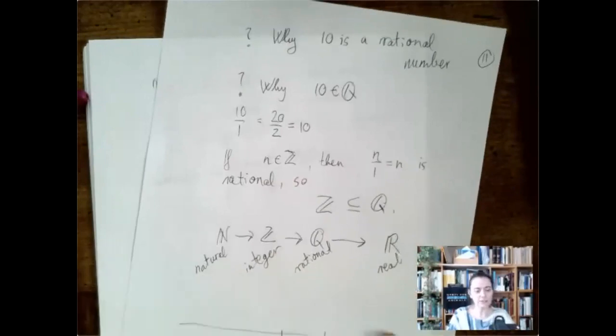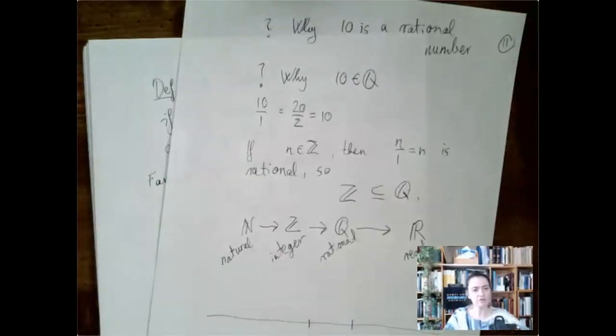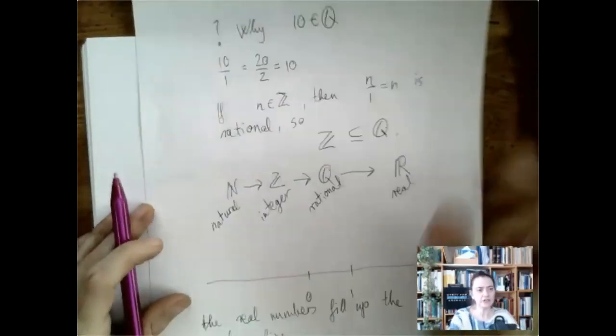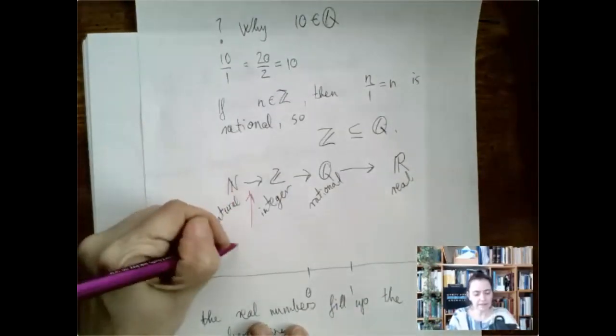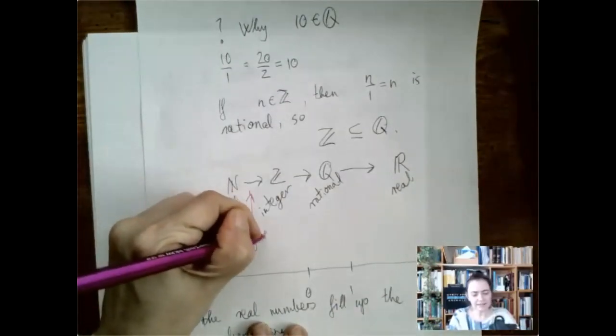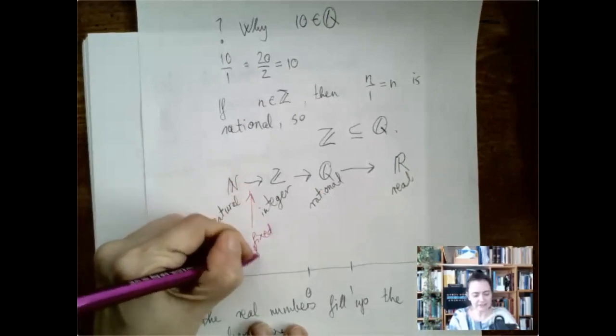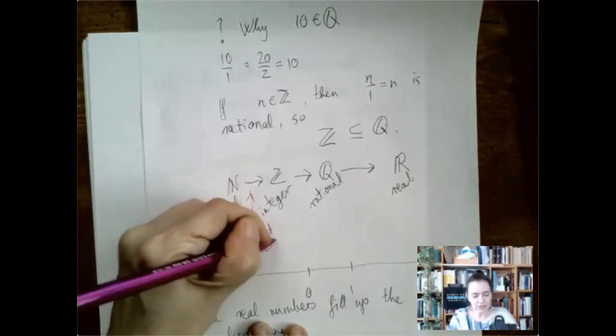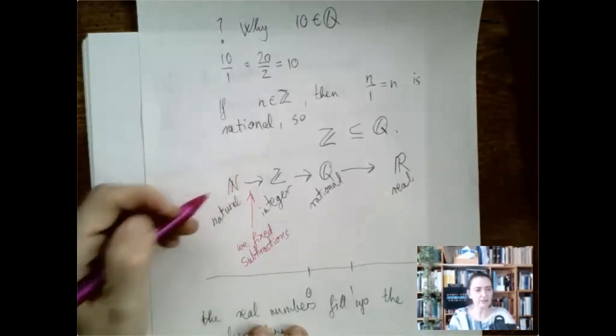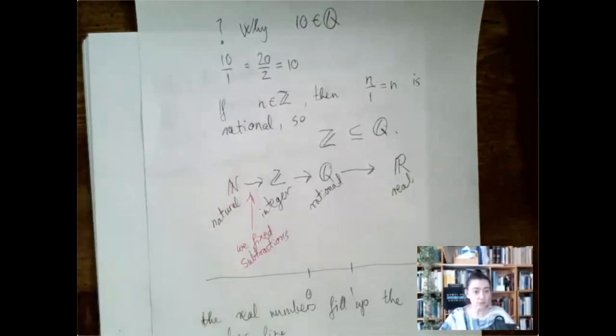And that's a good question, because these reasons were sort of reasonable and algebraic. Here, we fixed subtraction. Not all subtractions can be performed inside of the natural numbers. 5 minus 2, yeah, but 2 minus 5, we had to develop something we call -3, right? 2 minus 5, not a natural number.